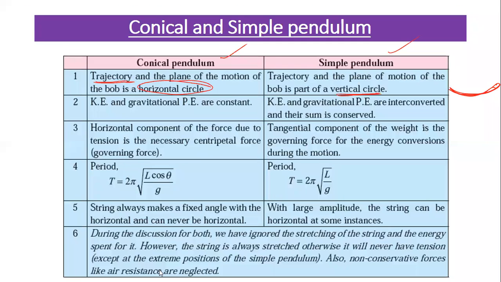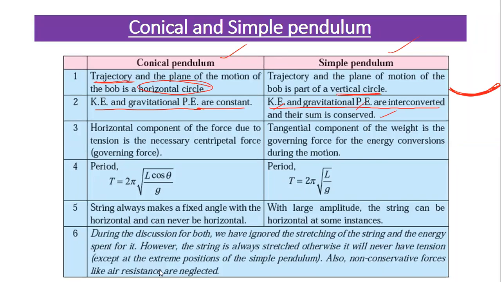Second one, in the conical pendulum kinetic and gravitational potential energy are constant. But here kinetic and gravitational potential energy are interconvertible. The energy is conserved, but they are interconvertible because it's a vertical circular motion. We learn the vertical circular motion article also. In that, kinetic energy and potential energy are interconvertible.